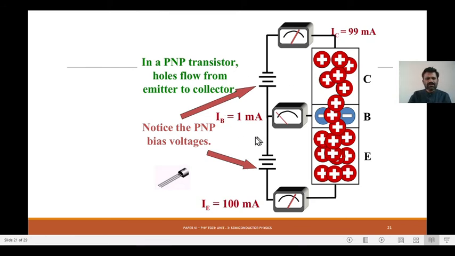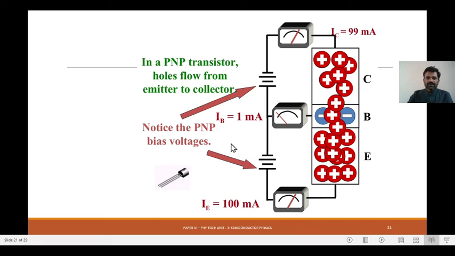The other operations are all the same. Here the holes are the majority charge carriers. Whatever current you get is because of holes. And the base current is because of recombination current. Hence the base current can also be considered a recombination current. Negative charges combining with positive ones form a recombination.